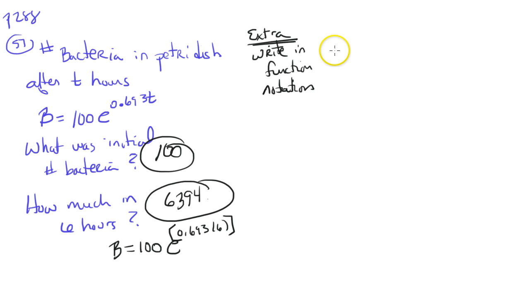Okay, so they have B and they have t. So instead of saying f of x, I'm going to say B of t. So B of t equals 100 e to the 0.693 t.